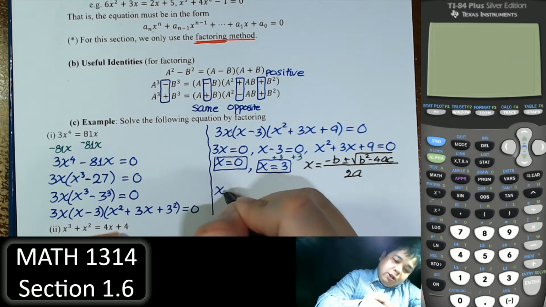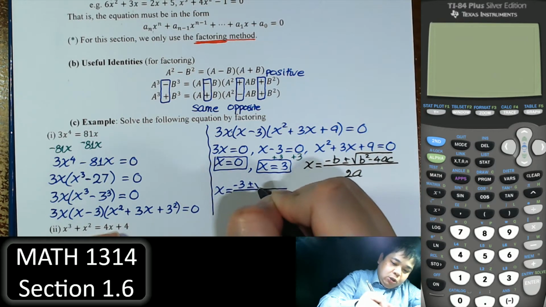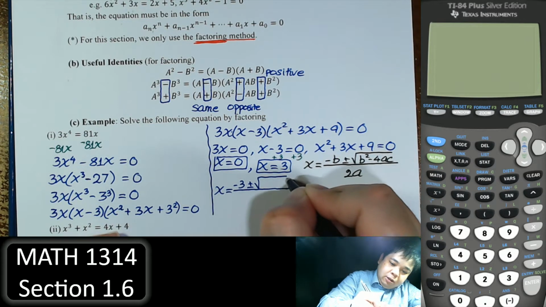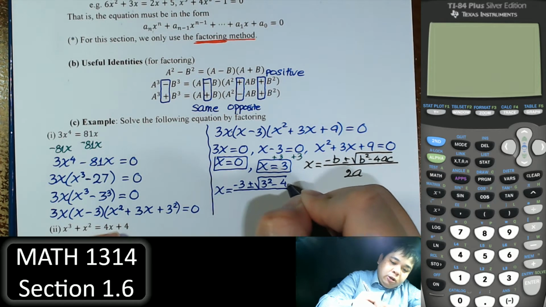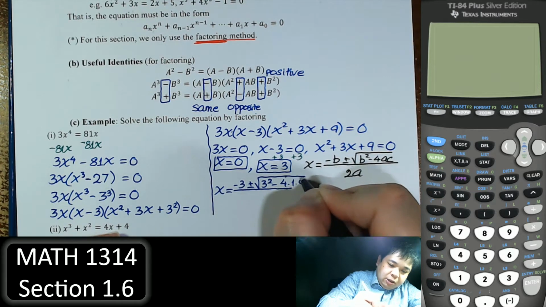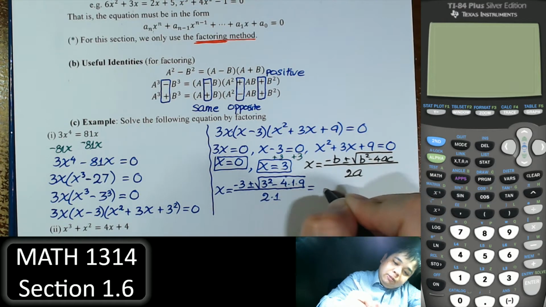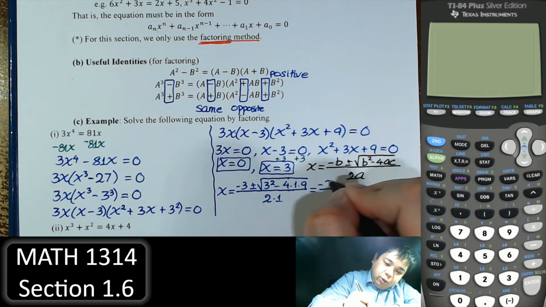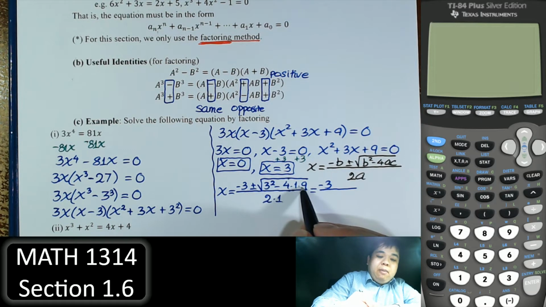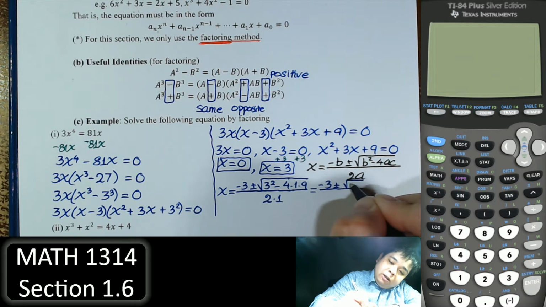So x equals minus 3 plus or minus the square root of 3 squared minus 4 times 1 times 9, over 2 times 1. Minus 3, 3 squared is 9, minus 36, so 9 minus 36 is minus 27, over 2.